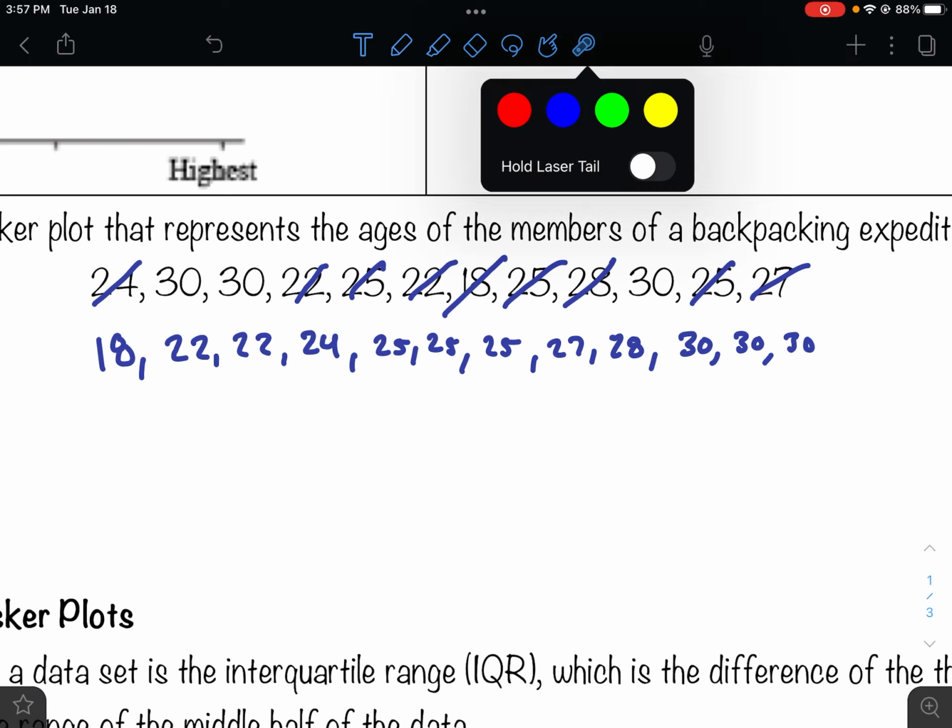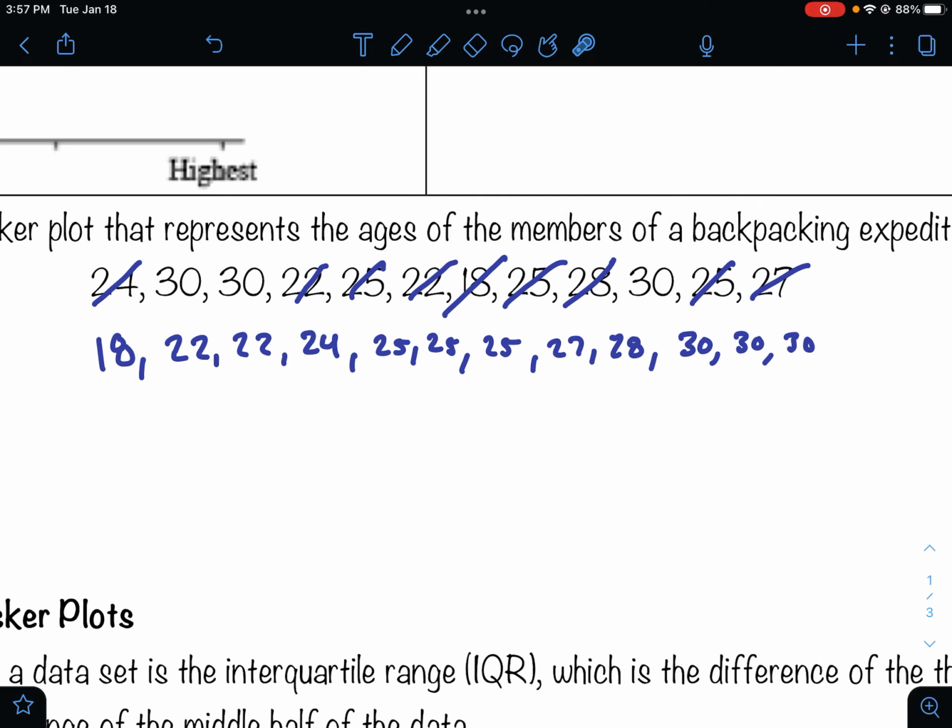The easiest thing to do is to cross them out as you go to find the middle, coming from both sides. I just use my fingers and cover up both the left and right, and then move in, left and right, and left and right. And when you keep going in, you'll find that the middle is in between two numbers. That's always going to happen when you have an even number of numbers.